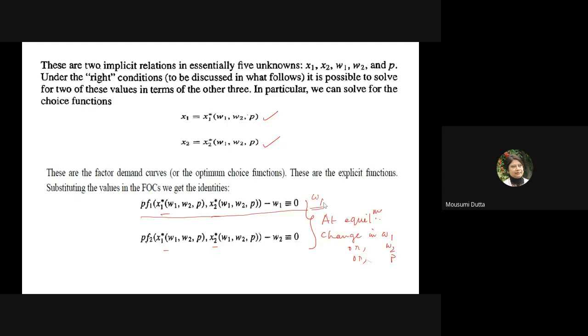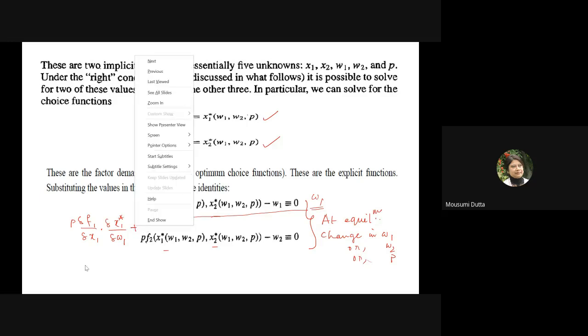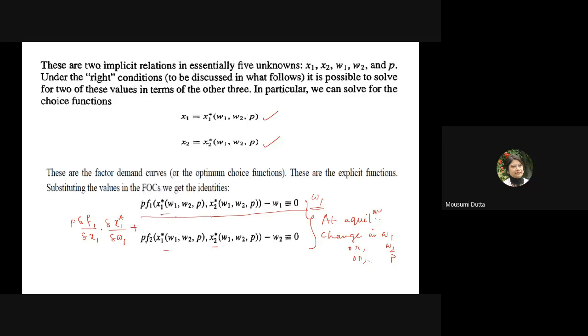We are taking the derivative with respect to W1. This X1 is the X1 star, the typical value. So we are doing this plus, what will be the second expression? Here also we have W1.